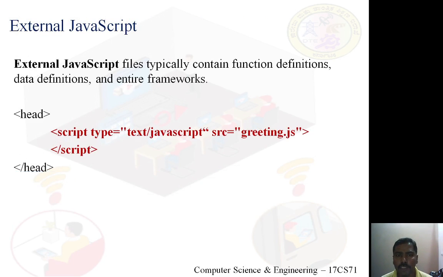Now this is the third location where we are going to place JavaScript. We can isolate JavaScript from the HTML source file. We can write the entire JavaScript in some other file and store it in some other location.